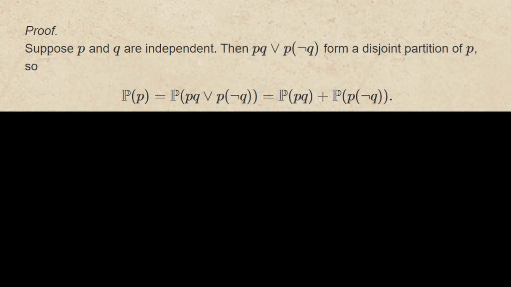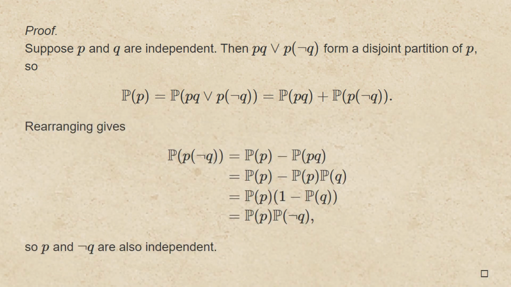Proof goes as follows. Suppose that P and Q are independent. Then PQ and P not Q form a disjoint partition of P. So the probability of P is the probability of PQ plus the probability of P and not Q. Rearranging gives that the probability of P and not Q is the probability of P minus the probability of PQ.